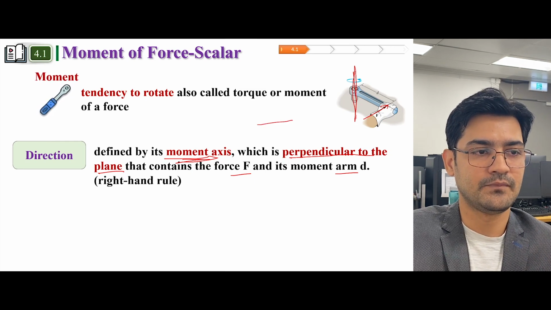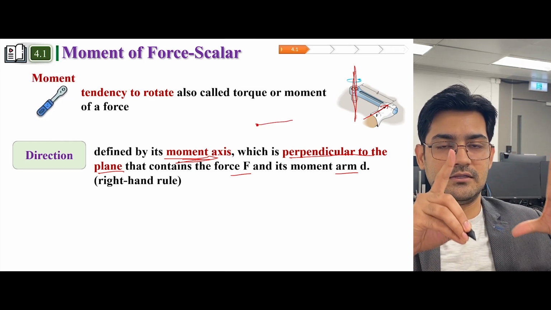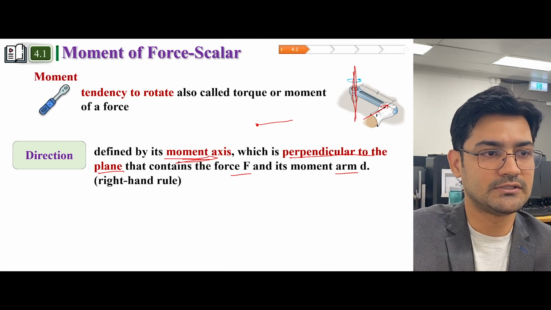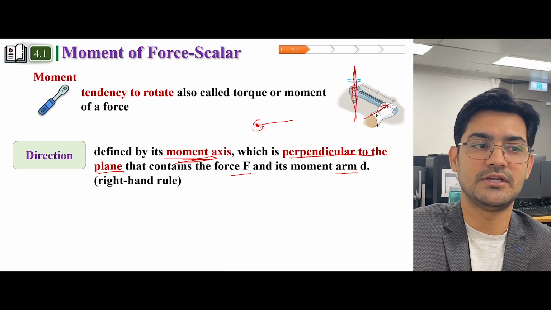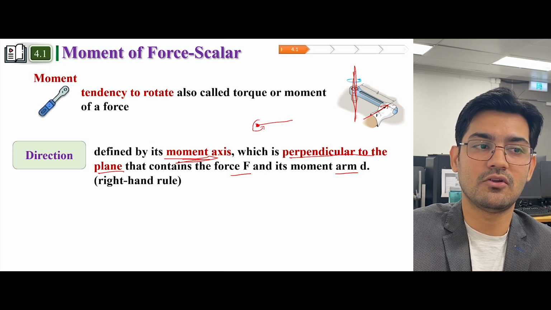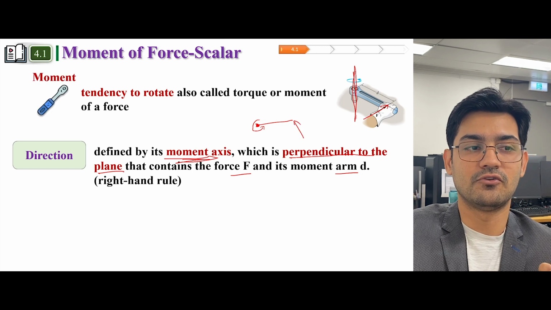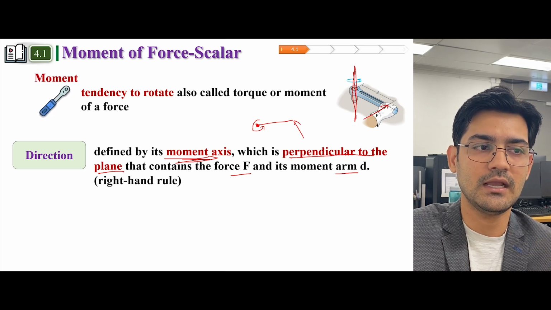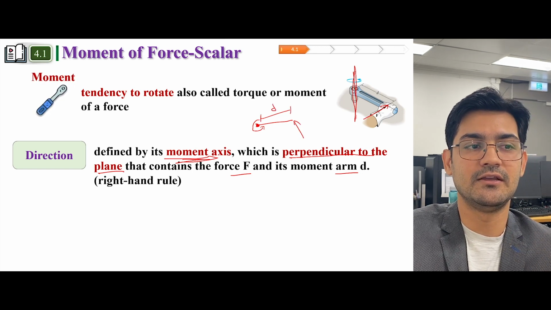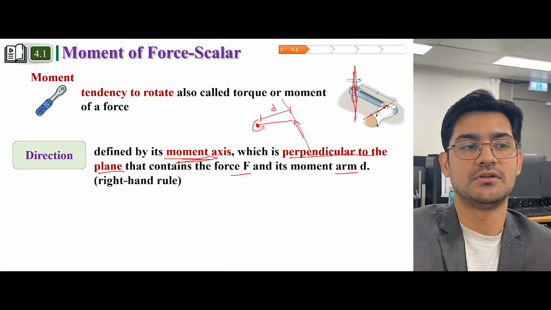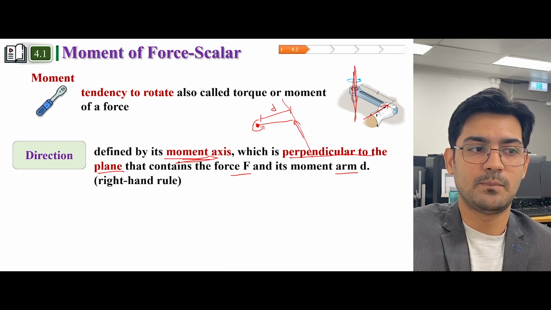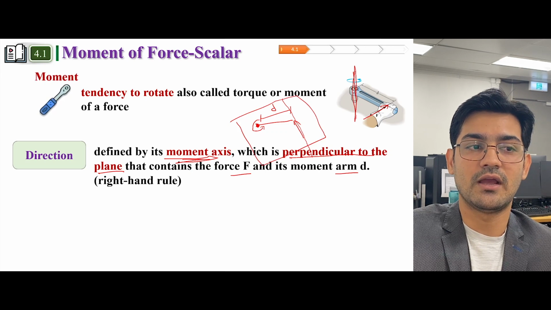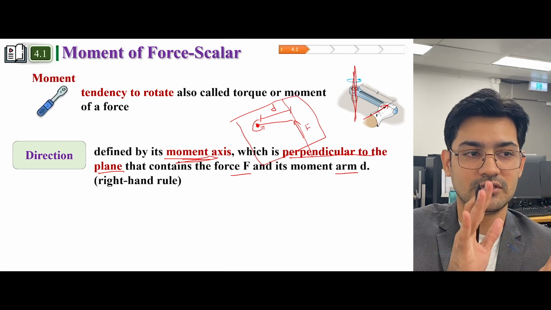So for example, I'm looking at this from the top. This is a bolt which is rotating along this direction. And why is it rotating along this direction? Because we are applying a force in this direction. And this is basically a distance d between the line of action of force and the axis of rotation. So this is actually a plane because the distance and the force F are acting on the same plane.